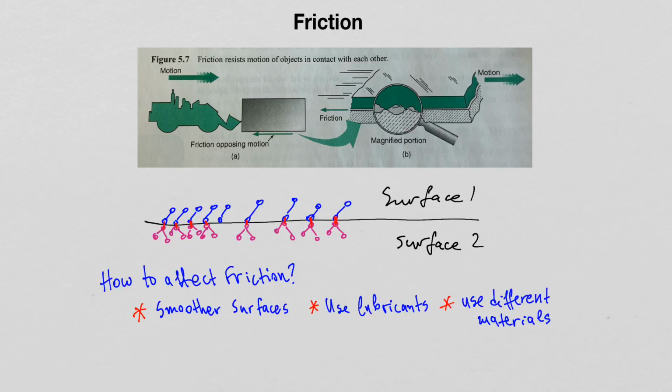So there is a trade-off between surface roughness and the amount of friction that is generated due to that.